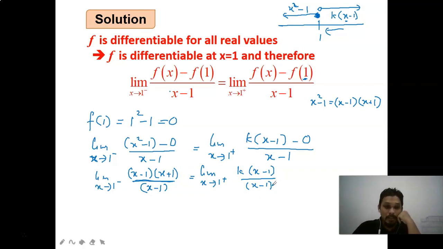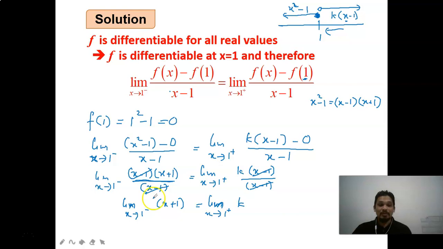Okay, now let's see. x minus 1 divided by x minus 1, and also here, x minus 1 divided by x minus 1. Now, let's simplify this again. x approaching 1 from the left, we get x plus 1, equal to the limit of x approaching 1 from the right, equal to k.